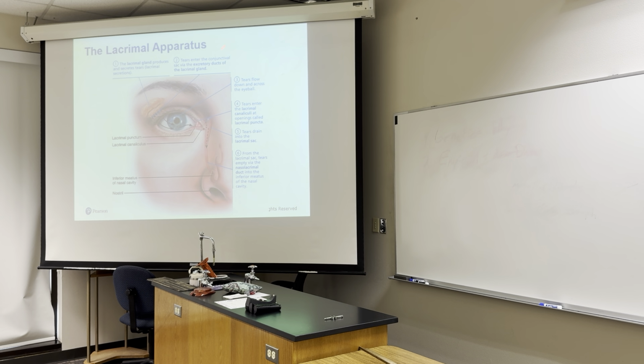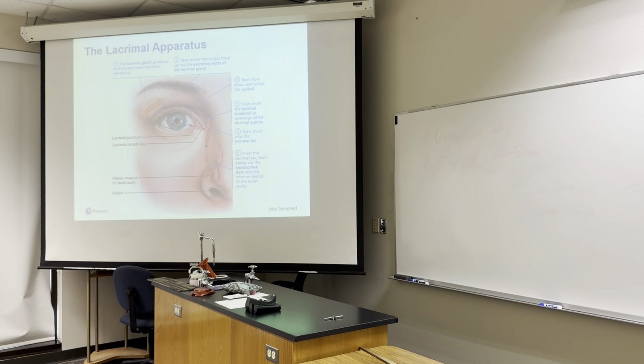Tears enter the conjunctival sac via the excretory duct of the lacrimal gland, and then flow down and across the eyeball. Tears enter the lacrimal canaliculi at openings called lacrimal puncta, and drain into the lacrimal sac, and from the lacrimal sac tears empty via the nasolacrimal duct into the inferior meatus of the nasal cavity.